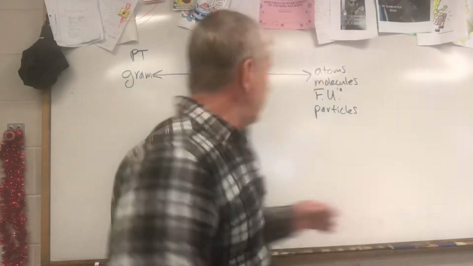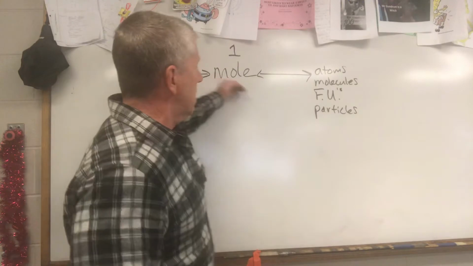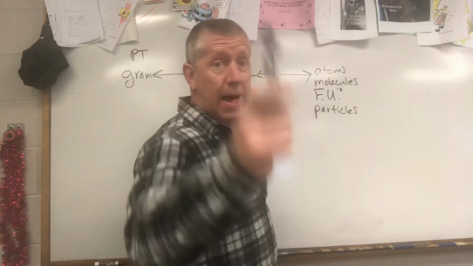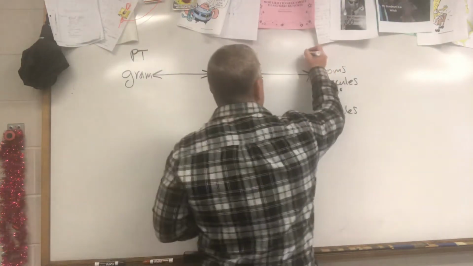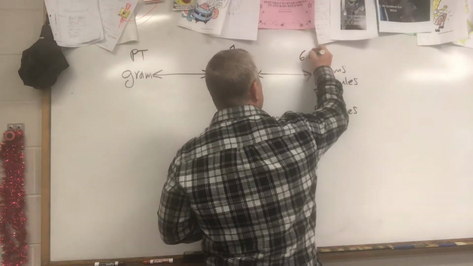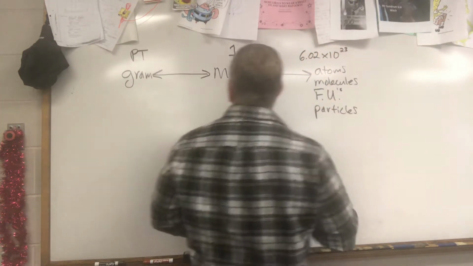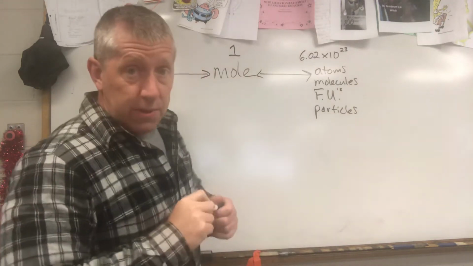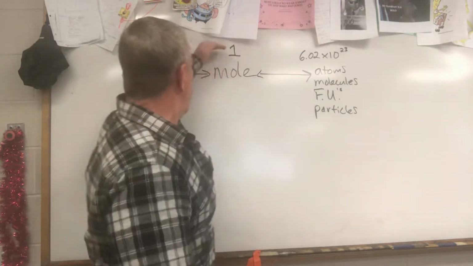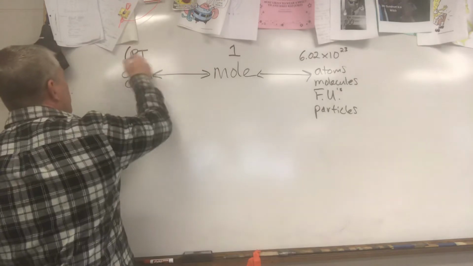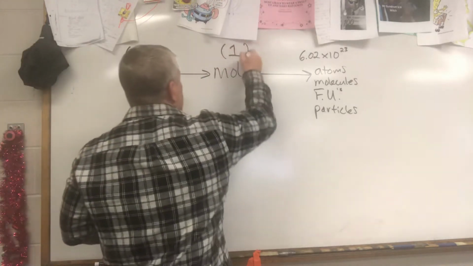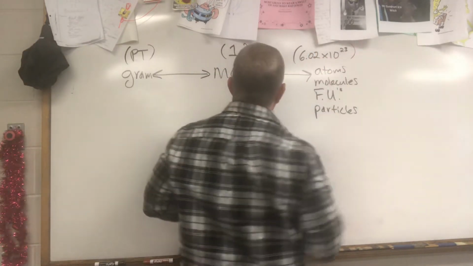So periodic table, 1. Over here, Avogadro and his number, 6.02 times 10 to the 23rd. We will see why I put these above each one in a minute. So I'll put these in parentheses. All right, so you're going to need these, that's why.